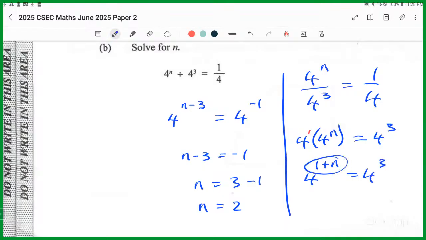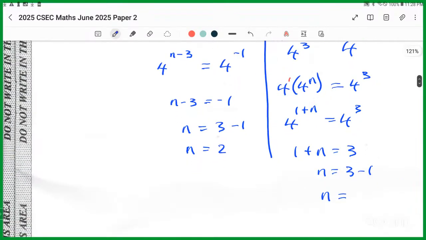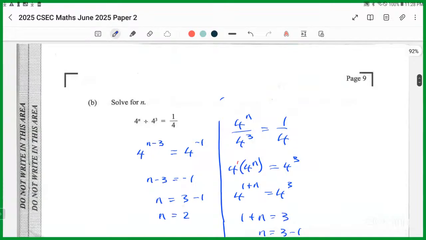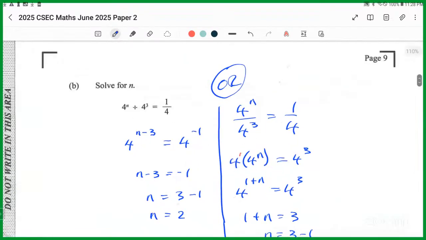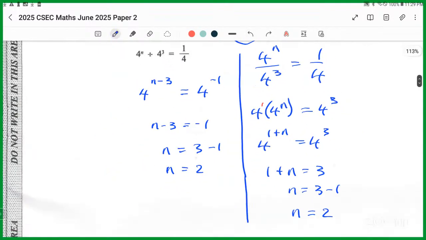This 1 plus n is now equal to 3. So we get 1 plus n equals 3. Transpose this 1. We get n equals 3 minus 1, just the same. And so n equals 2. So this is a way we could have done it if we did not know that the reciprocal is actually 4 to the minus 1. All right, so that is that.